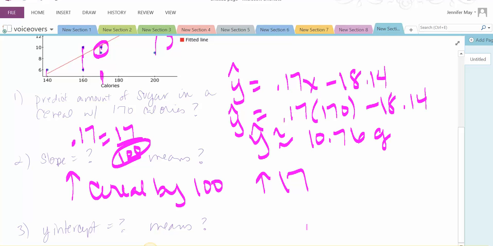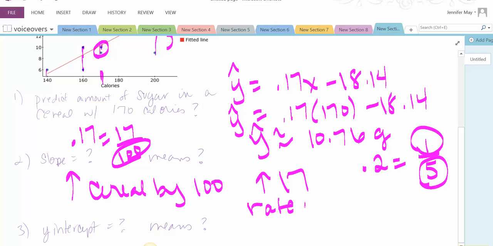That's one way to look at it. You can also look at more rounded values like 0.2. 0.2 would be the same as 1/5, so you could talk about every 5 calories you have 1 gram of sugar increase. So you can choose different ways to break out the slope, but the slope has to do with a rate of change, and it compares the y's to the x's.